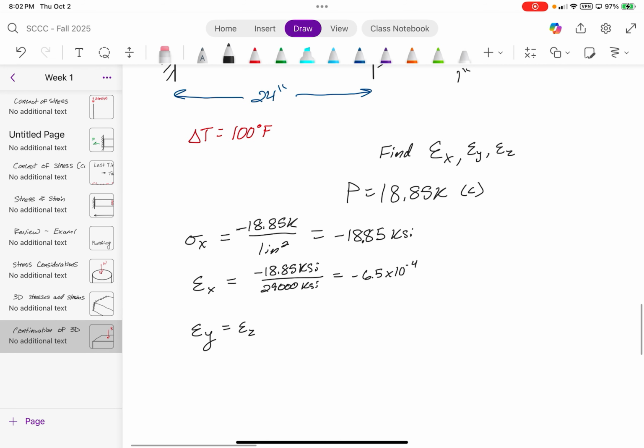And this is just going to be negative 0.30 times negative 6.5 times 10 to the negative 4, which will give you positive 1.95 times 10 to the negative 4. Make sense? All right.